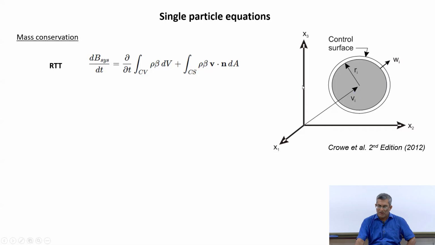So for example, if you are standing here on the coordinate system, you see that the particle is moving at velocity v. The particle, let's say, has radius r, and here you see another velocity. This is the surface velocity. Surface velocity means the rate at which this control surface changes.